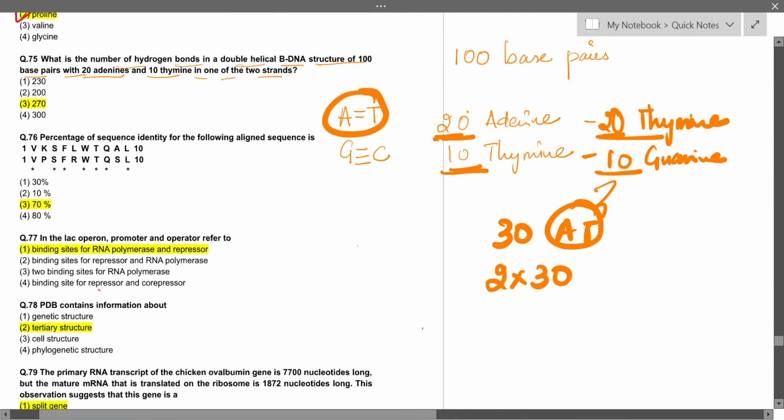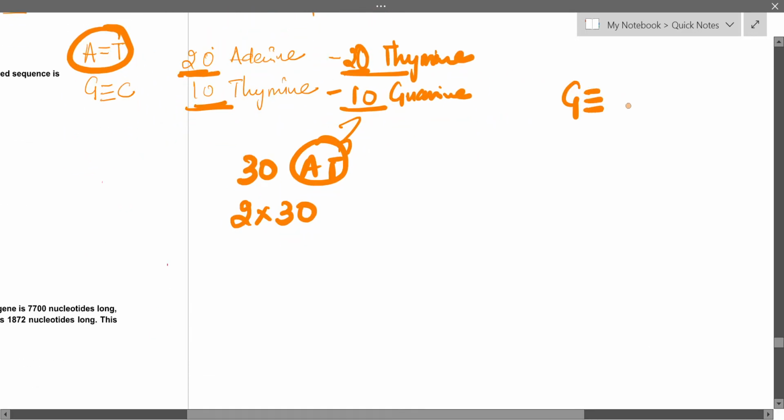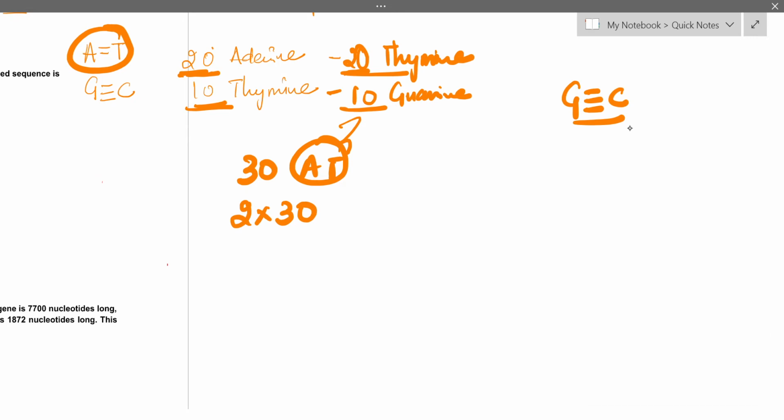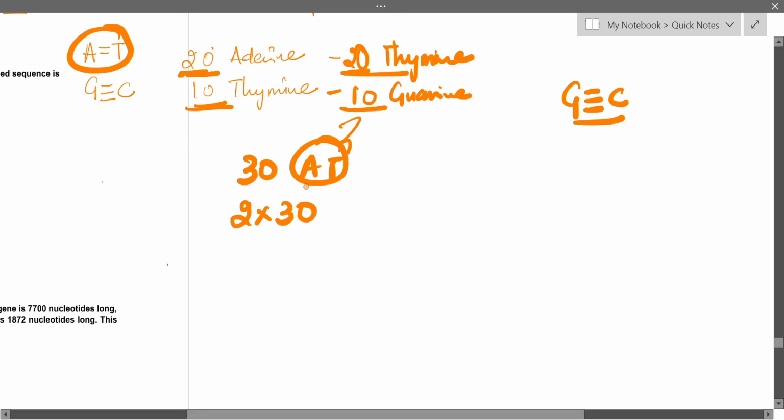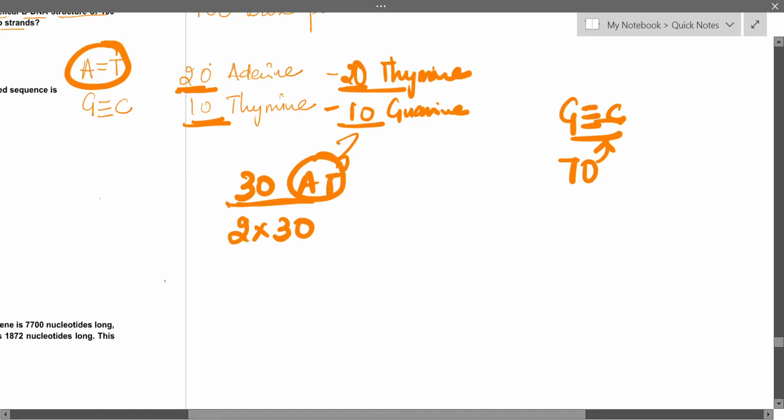Now let us see for G and C. G and C form triple hydrogen bonds. So they are 30, 80 among 100 base pairs. That means 70 are GC and GC form 3 hydrogen bonds. So we can do 3 into 70, which will be equal to 210.